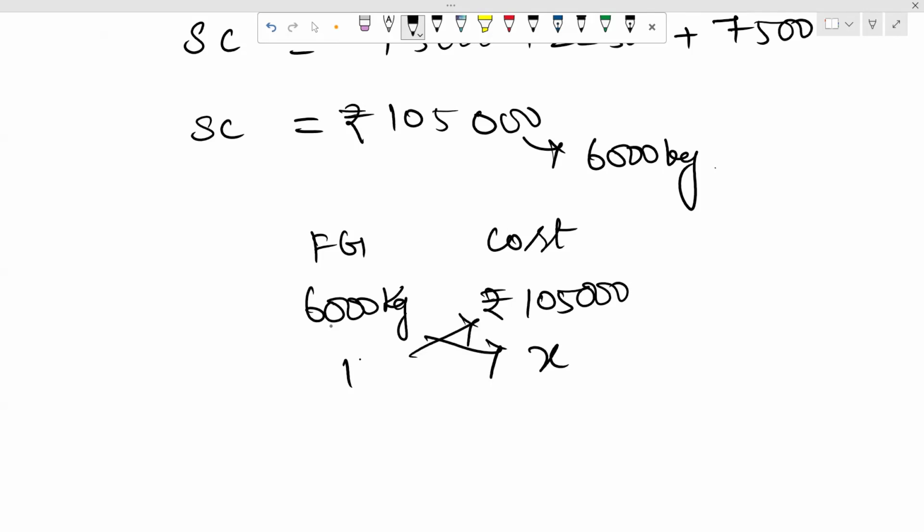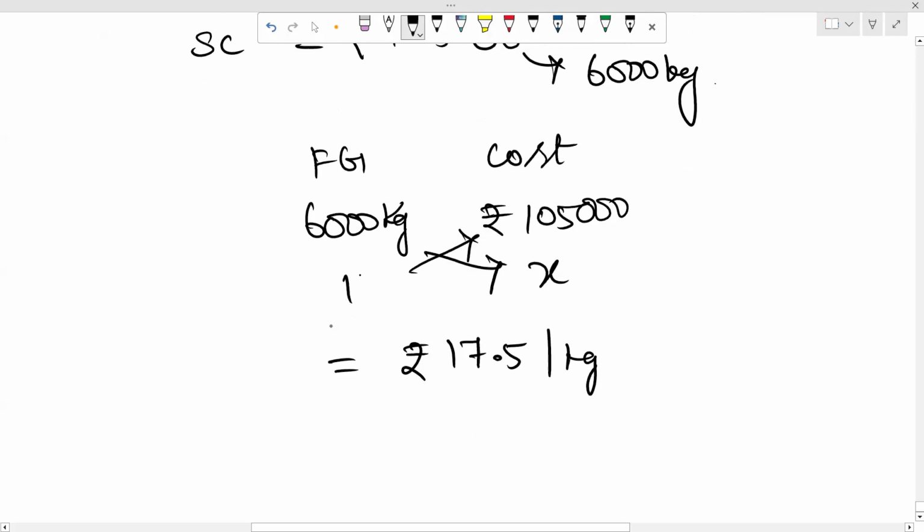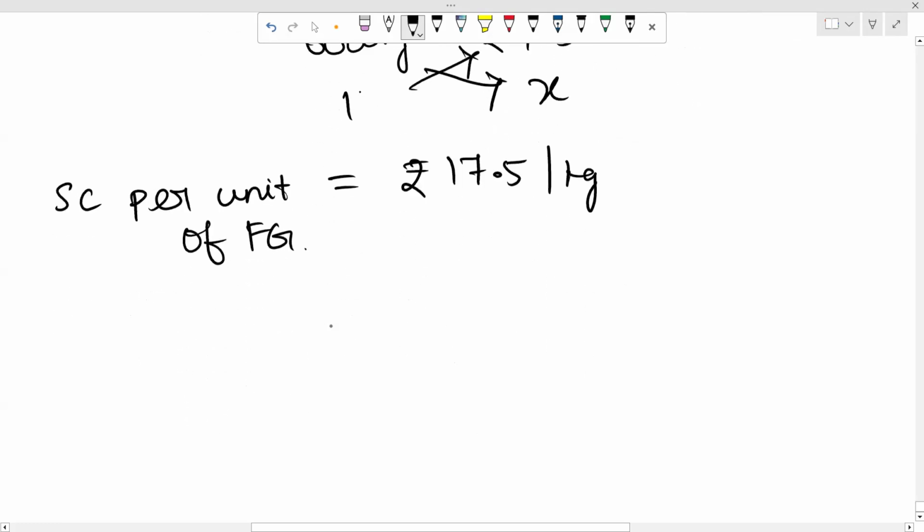So just cross multiply. 1,05,000 divided by 6,000, we get rupees 17.5 per kg. So this rupees 17.5 per kg is nothing but the standard cost per unit of finished goods.